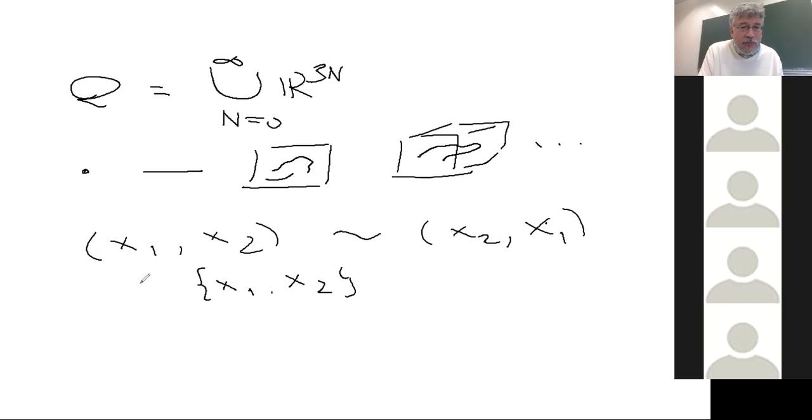So here you would have R3n, which is the set of all ordered configurations. And here you have something that is sometimes called NR3, the set of all unordered configurations, which is the set of all n element subsets of R3.